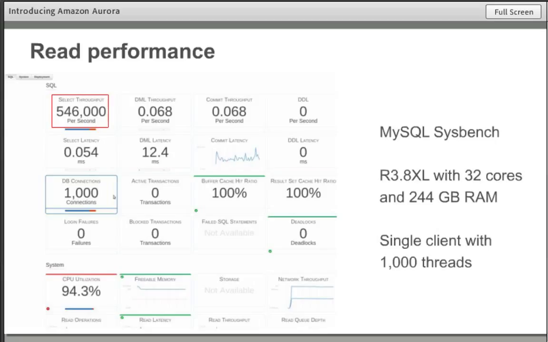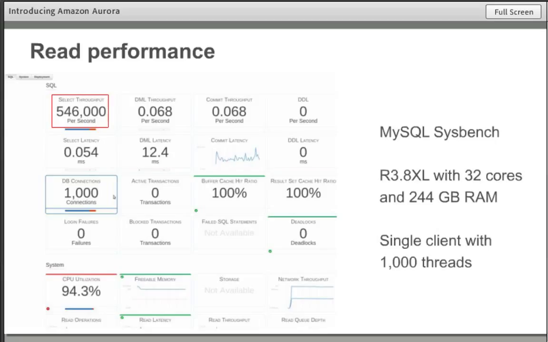Here are some read numbers. Again, we're doing MySQL SysBench, with a select-only workload. This is a relatively simple workload. We're basically probing for individual records from a single table, so we're not doing joins or anything like that. Relatively simple gets.